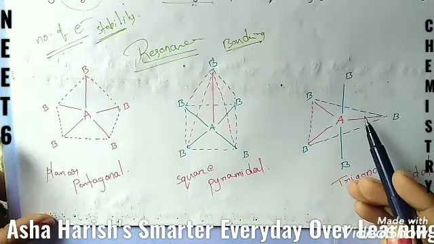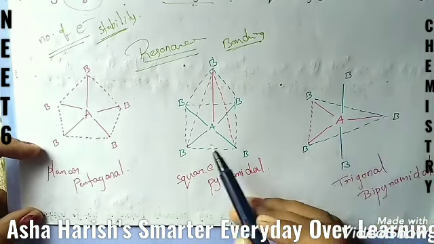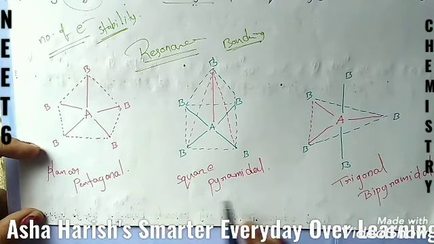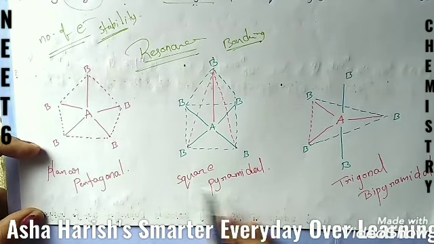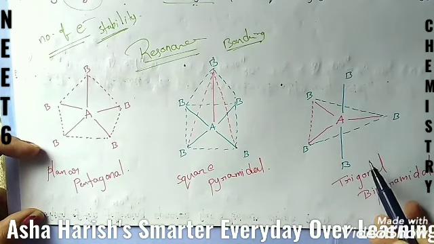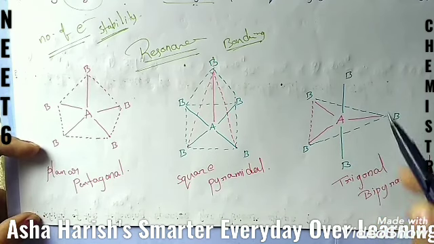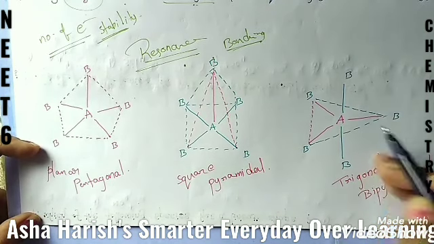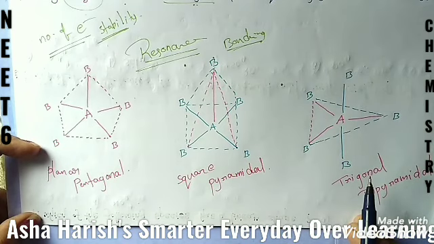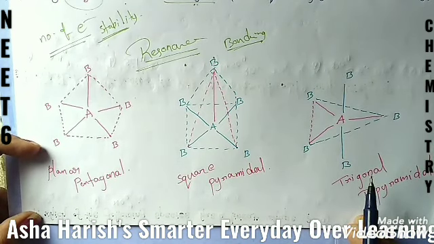For AB5 molecules there are 3 possible geometries, that is planar pentagonal, square pyramidal and trigonal bipyramidal. Out of these geometries it is only trigonal bipyramidal shape in which bond pair and bond pair repulsions are minimum, and hence this geometry is the most probable geometry of AB5 molecule.